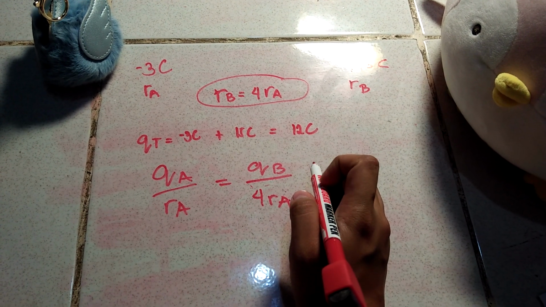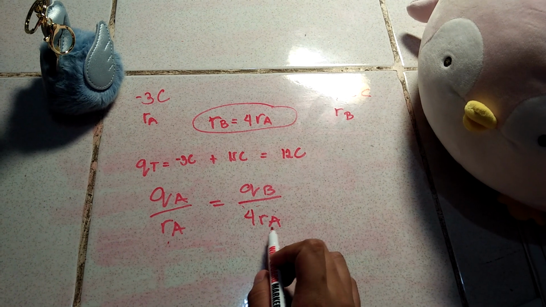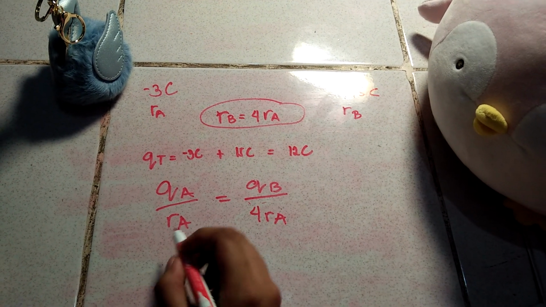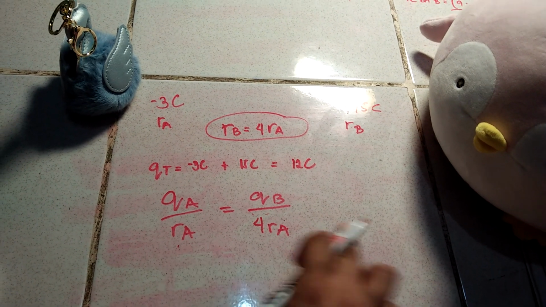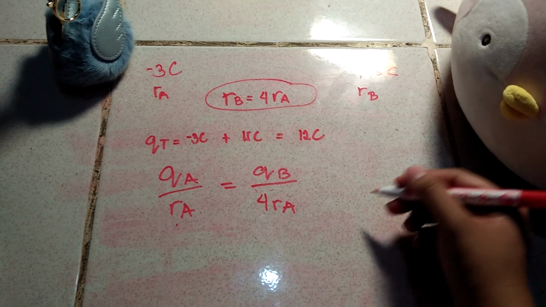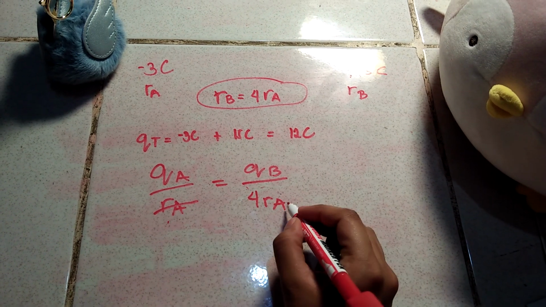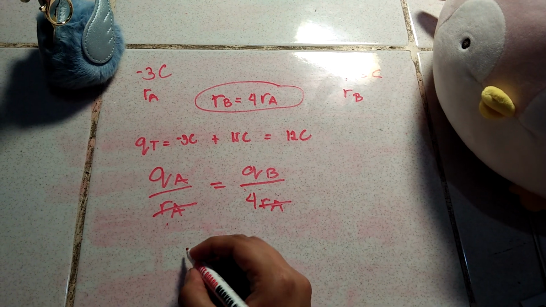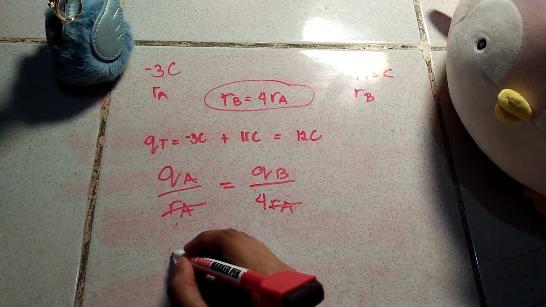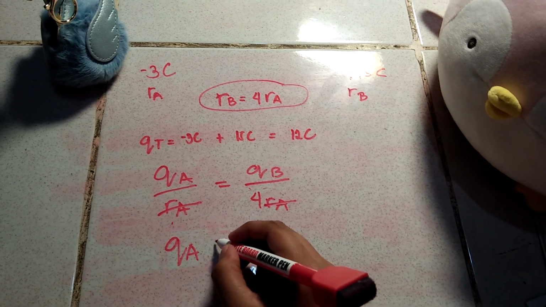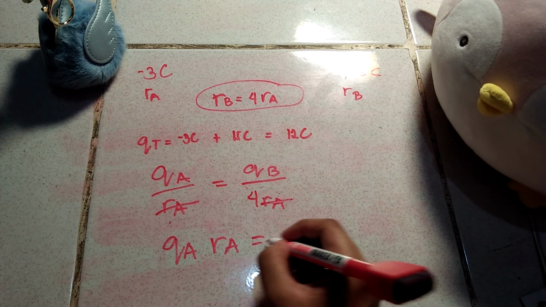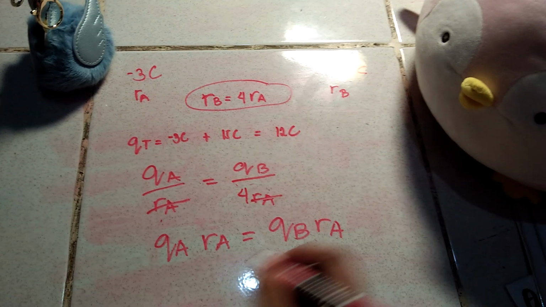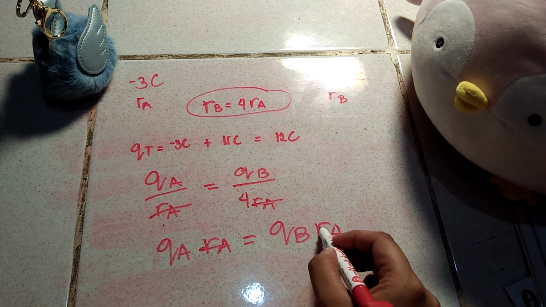Now, we have an RA here and we have an RA here, and there is a shortcut in math where you can cancel them if you find them in the same place. Say, for example, RA is on top, that's QB and RA, you can cancel like that.